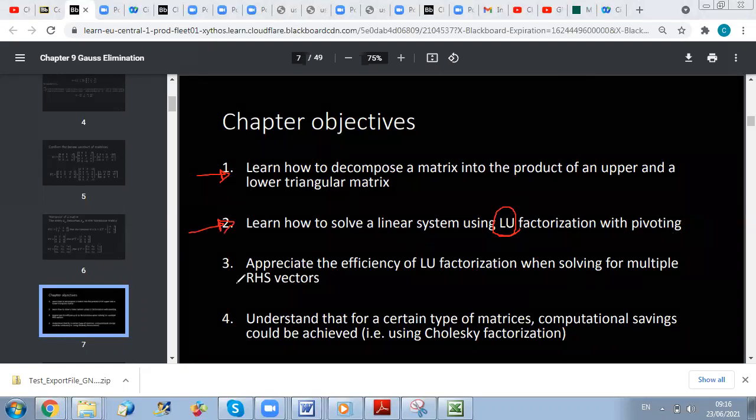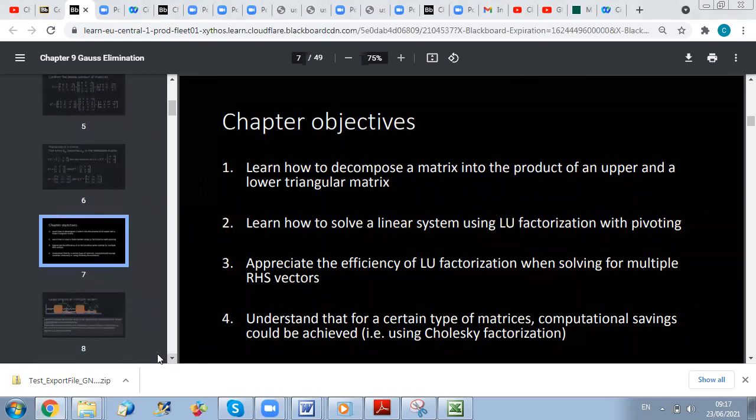We will appreciate the efficiency of this method when solving for multiple right-hand side vectors. And finally, we will understand that for a certain type of matrices, computational savings could be achieved by using, for example, the Cholesky factorization.